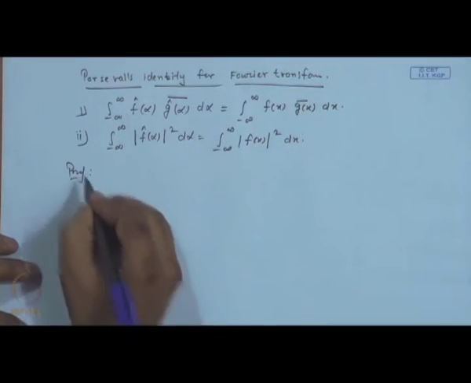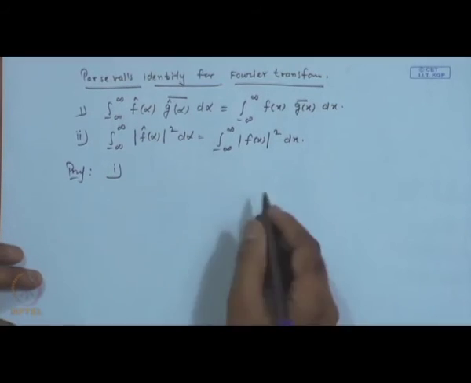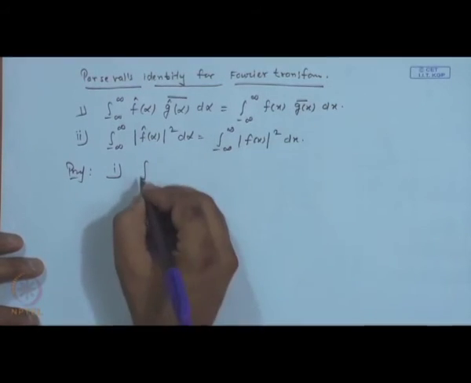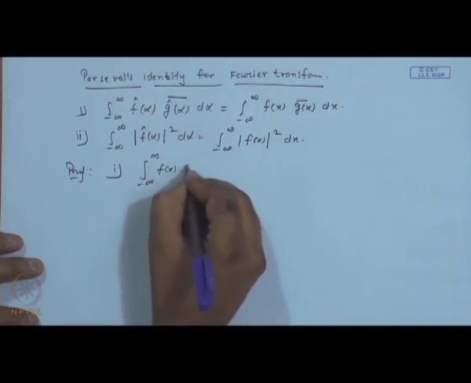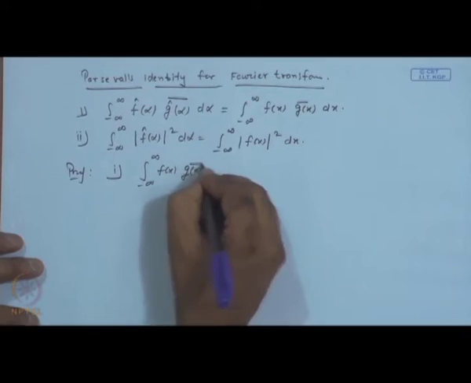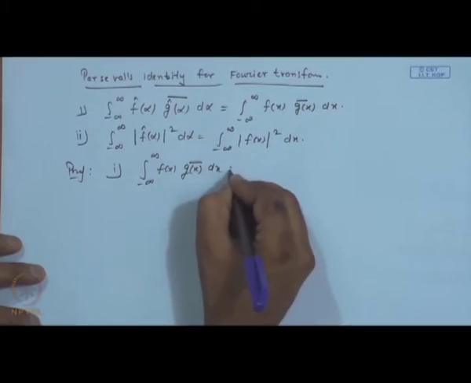So, go for the proof for the first one. So, we start with this: the integral from minus infinity to plus infinity of f(x) g(x) complex conjugate dx.